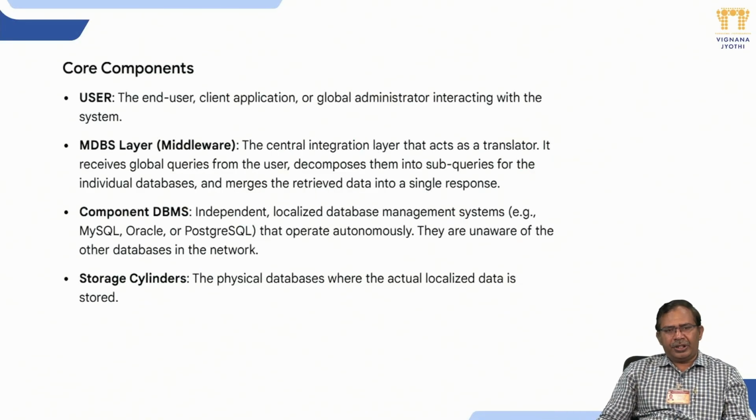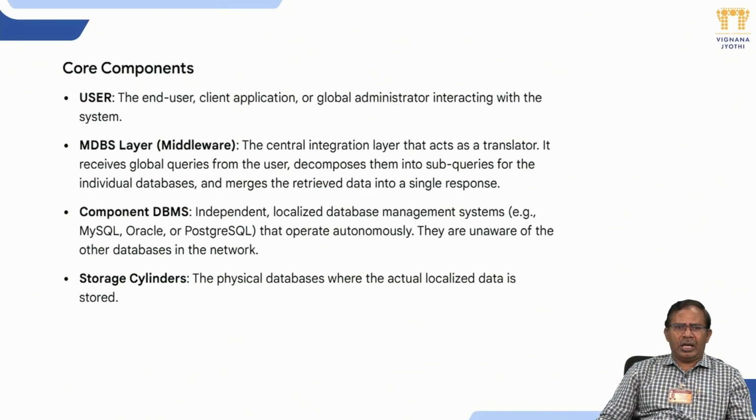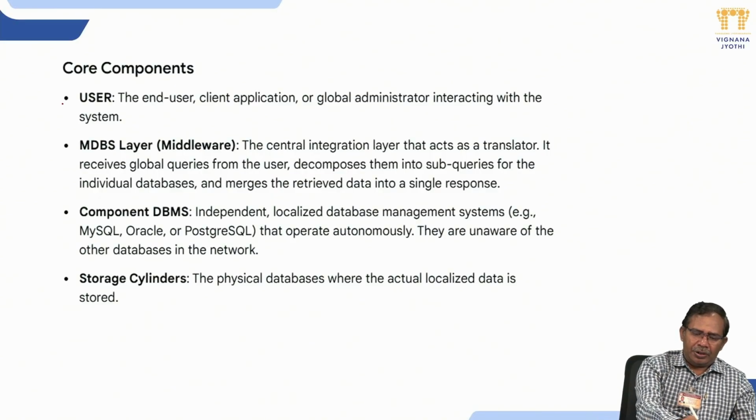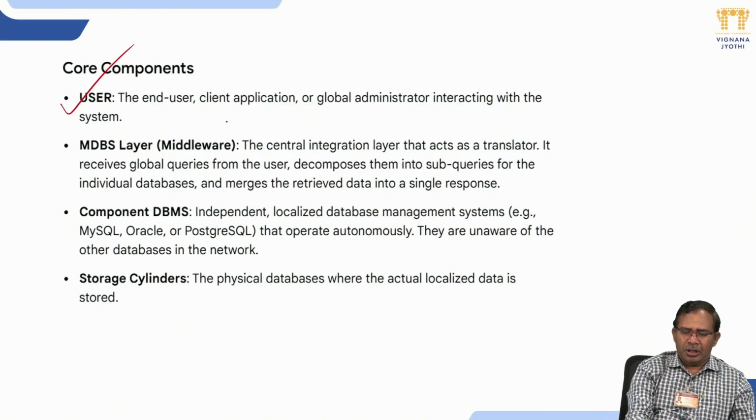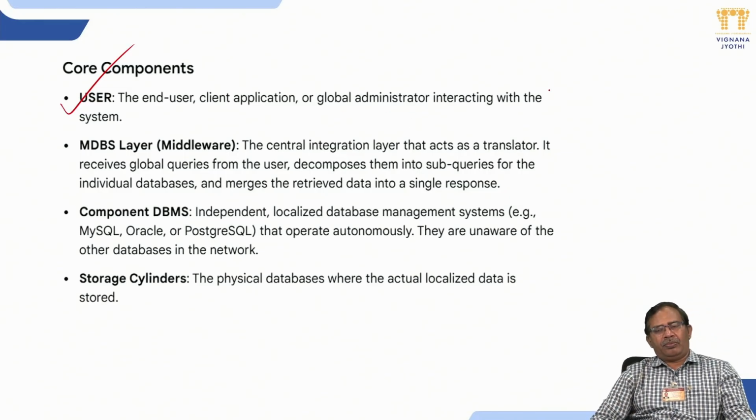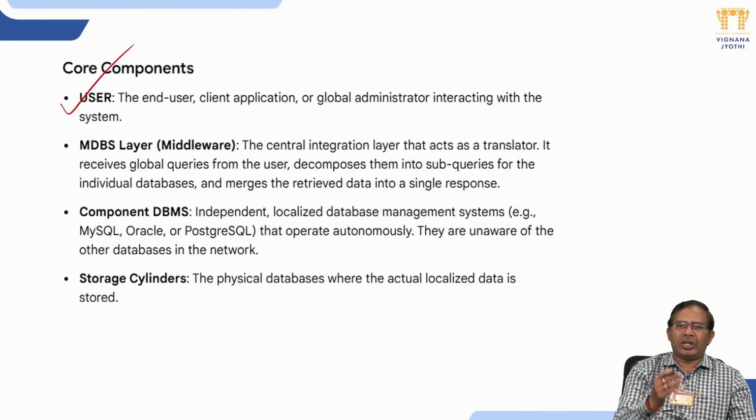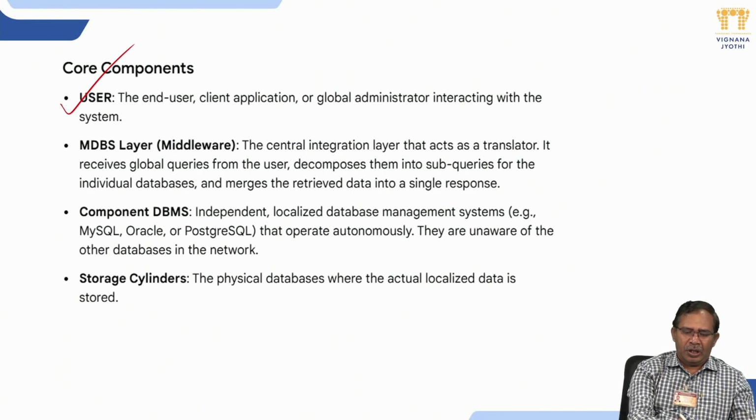So here the core components listed: the user, the MDBS layer, which is the middle layer, and the component DBMS, which are connected to the storage cylinders. In this user context, the end user, the client application or global admin, interacts with the system to get the required data from the infrastructure provided.